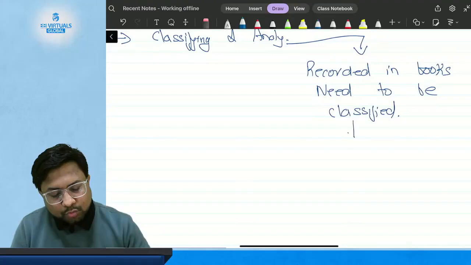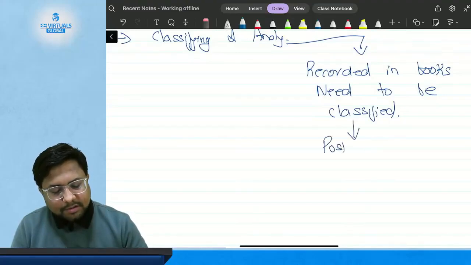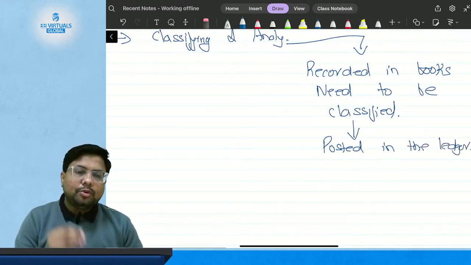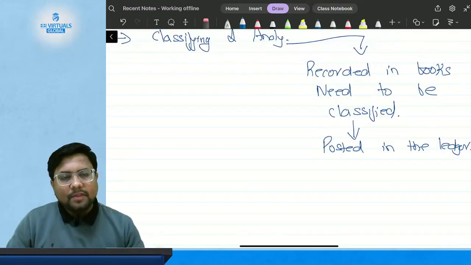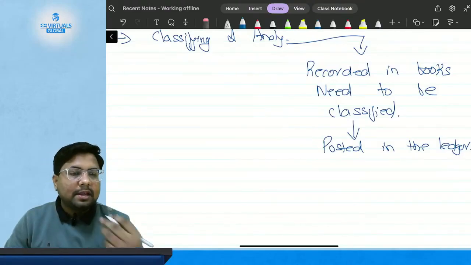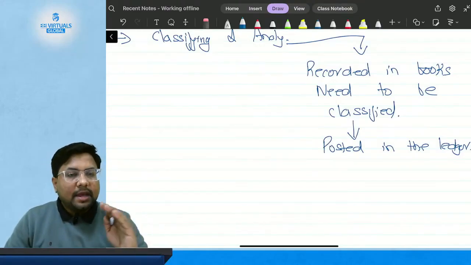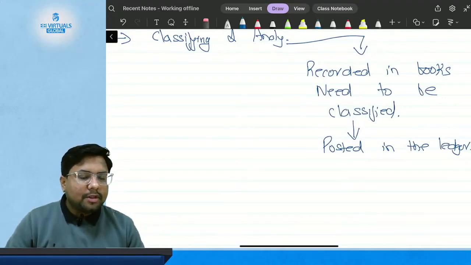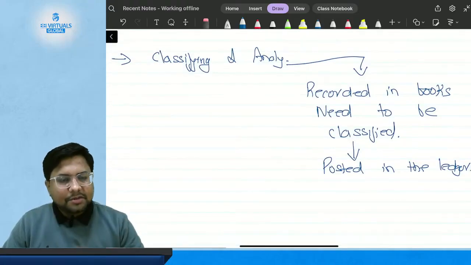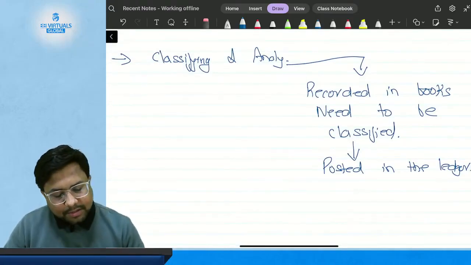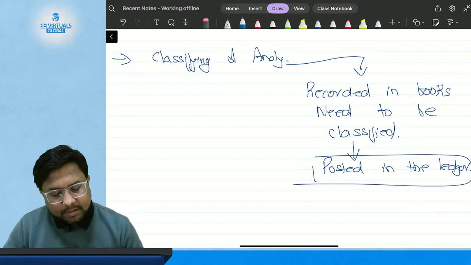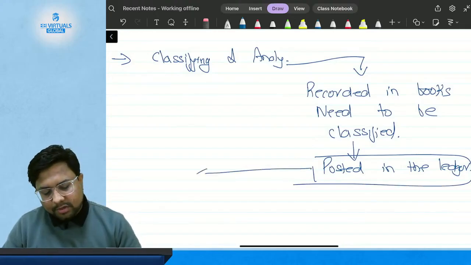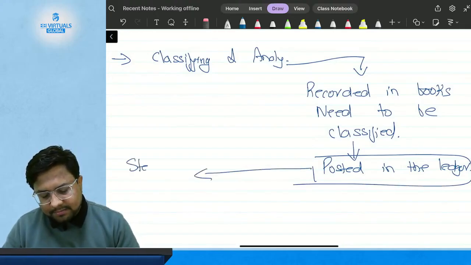Classified means to be posted in the correct ledger. The income should be recorded in the ledger of income, the expense in the ledger of expense, and the asset in the ledger of asset. So the second step towards my financial reporting is classification and analyzing.